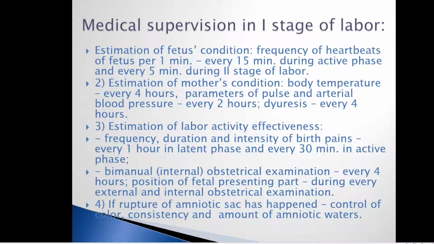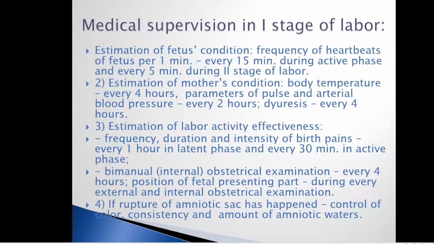Estimation of labor activity effectiveness: frequency, duration, and intensity of birth pains, every 1 hour in the latent phase and every 30 minutes in the active phase. Manual or internal obstetrical examination is done minimum every 4 hours, with shorter intervals if abnormalities of labor activity develop.